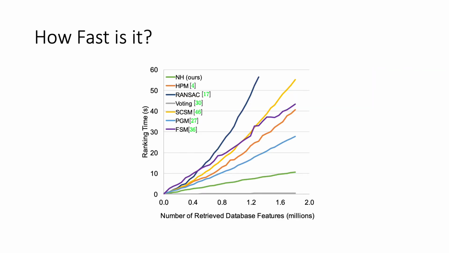Using this type of acceleration, we can see that our algorithm runs in relatively linear time when plotted over the number of features that we retrieve, and works much faster than other algorithms that do similar types of spatial verification.